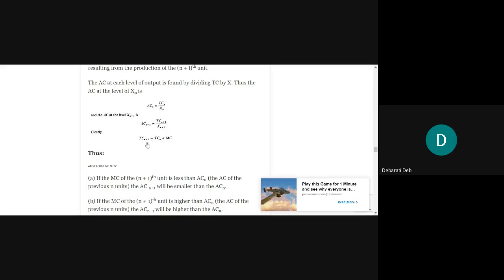One extra unit means total cost n plus 1, and the present cost is TCn. So MC equals TCn plus 1 minus TCn. Thus we can clearly write TCn plus 1 equals TCn plus MC.